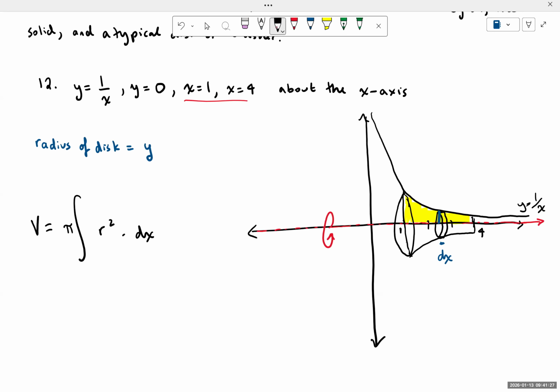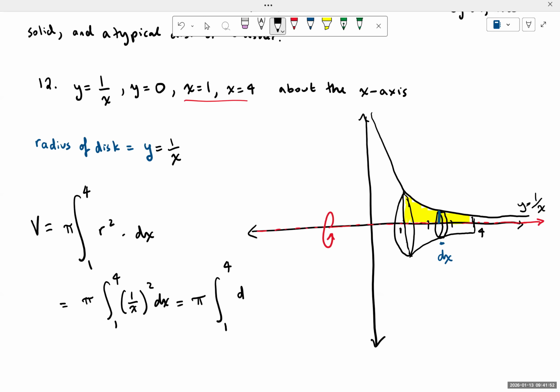We don't have to look for them. We know that we're going from 1 to 4 in x. And the radius of the disk is just y, and y you have is 1 over x. So I can just put in the integral from 1 to 4 of pi times (1 over x) squared dx.